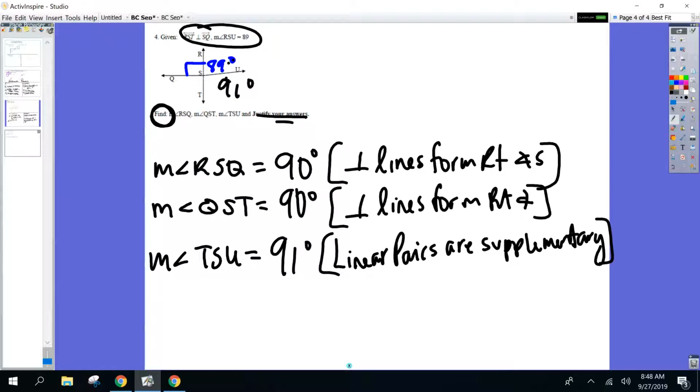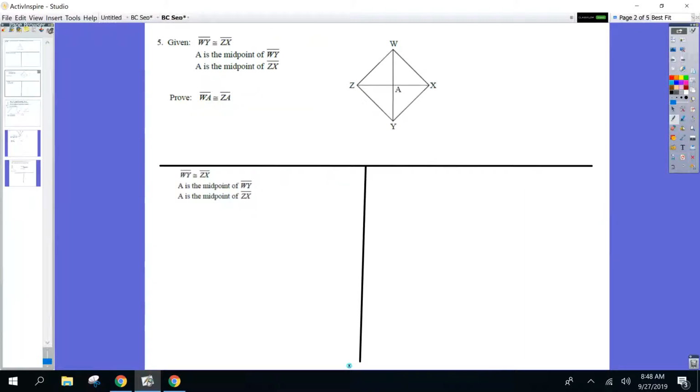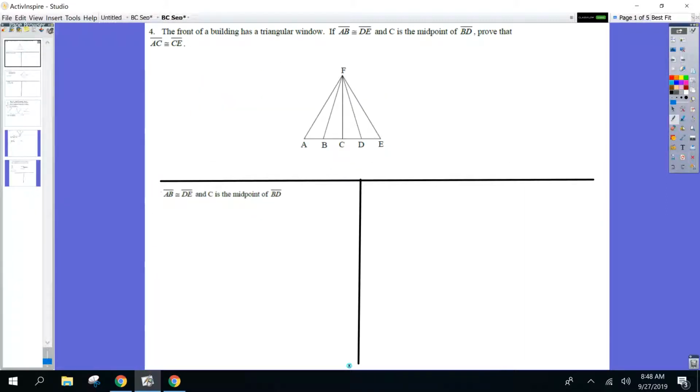Okay, can you go to page 21 and look at number 4? We're going to get some homework done, so you're welcome here.